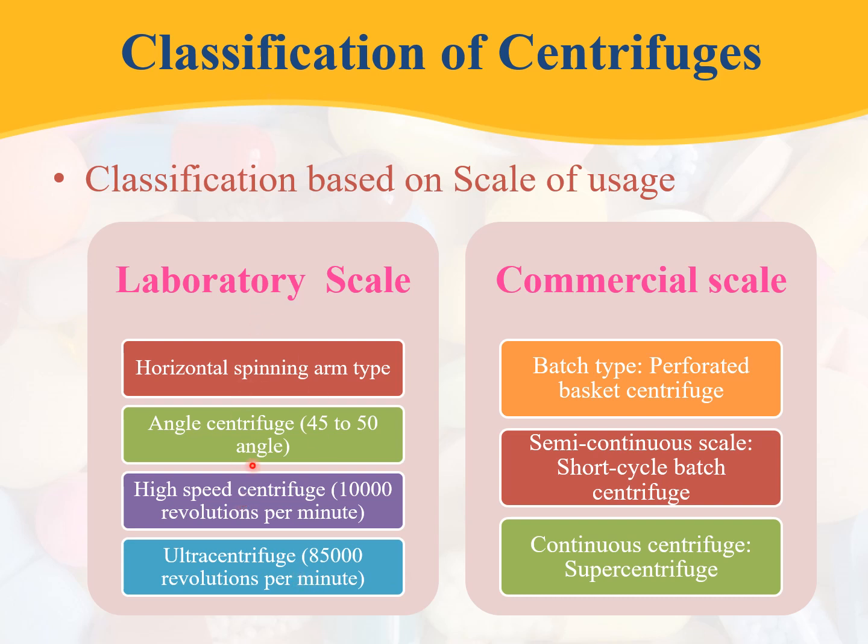Coming to commercial scale, the batch type is the perforated basket centrifuge. For semi-continuous, the short cycle batch centrifuge, and for continuous, the example is the super centrifuge.